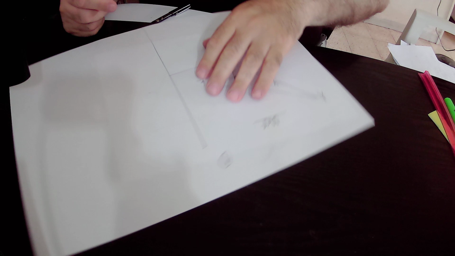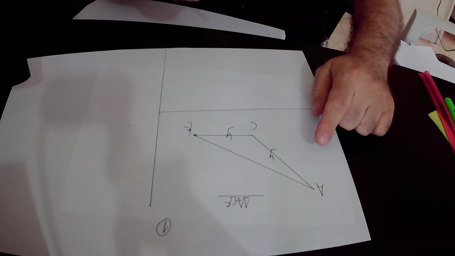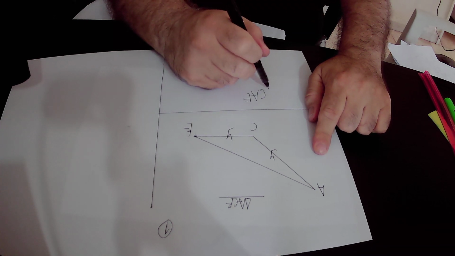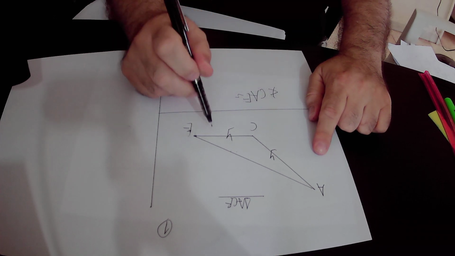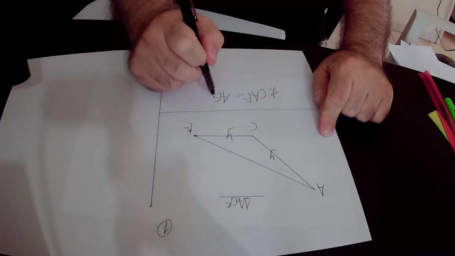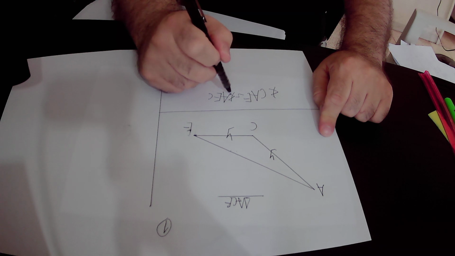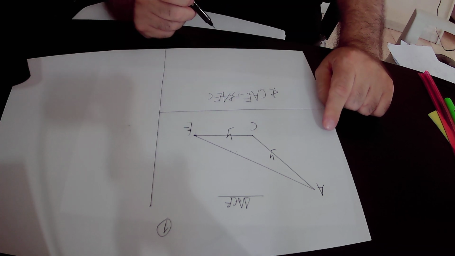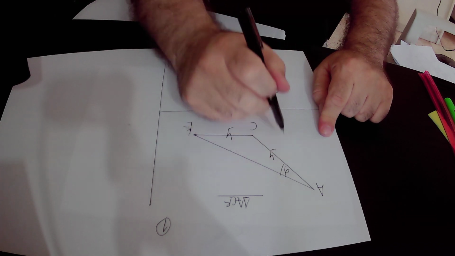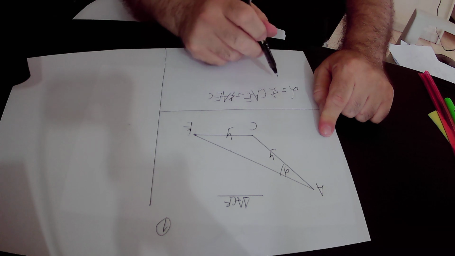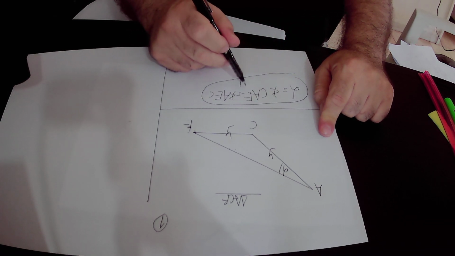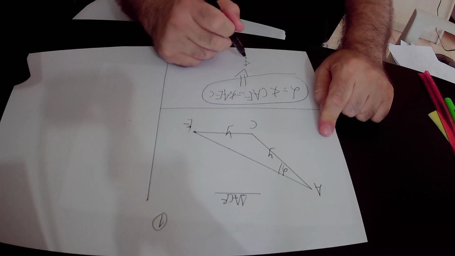In triangle ACE, angle CAE must be equal to angle AEC. If we define angle CAE as alpha, then angle CAE equals alpha, and from this equation we derive that angle AEC is also equal to alpha.